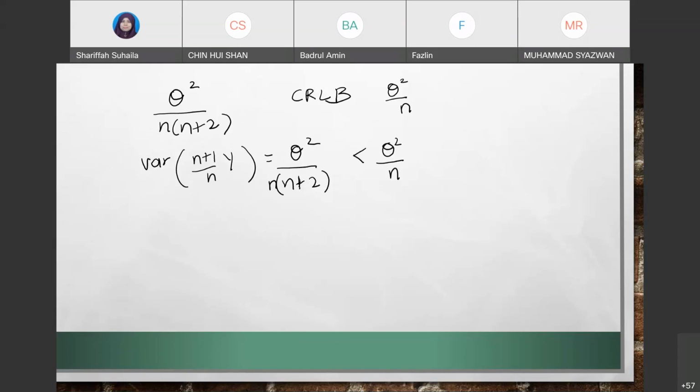So that means in this case, our n plus 1 over n y estimator does not gain.